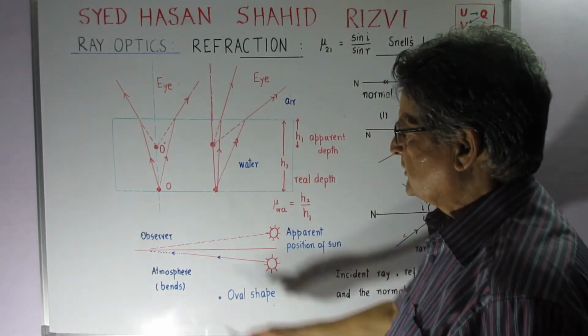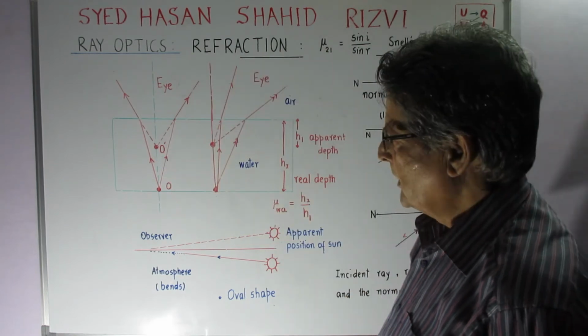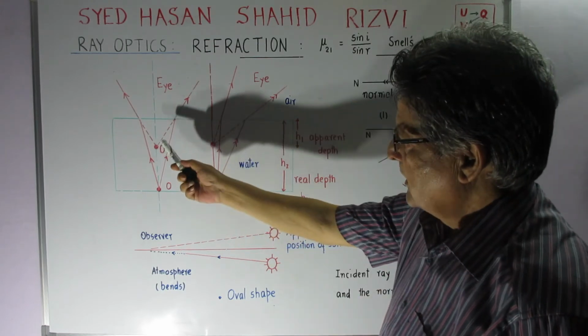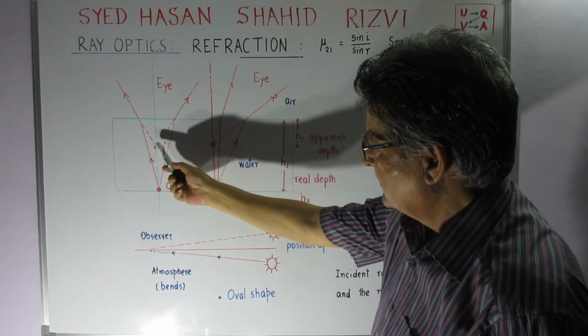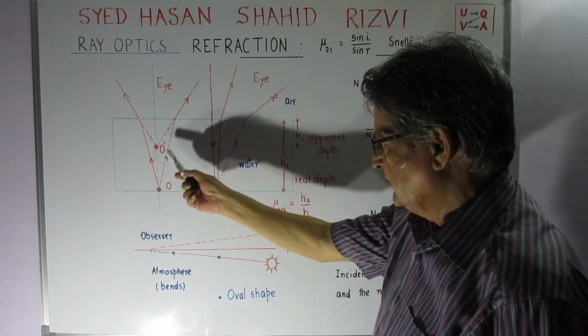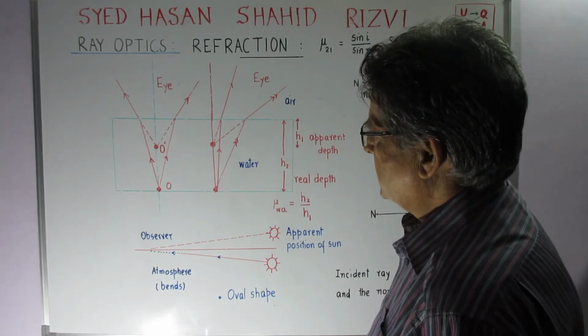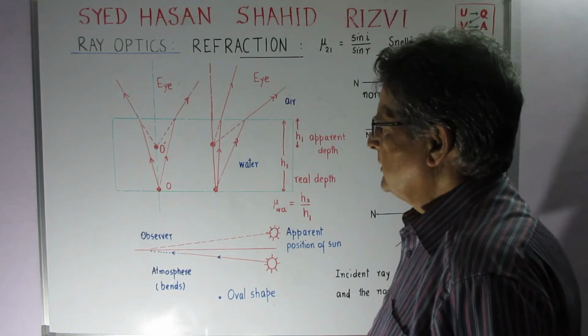It's not necessary that this should be at the bottom, it could be anywhere, but what happens is that instead of looking at this depth, the eye sees that it is at a higher depth. The figure has been exaggerated, okay, I have just tried to convey the meaning.